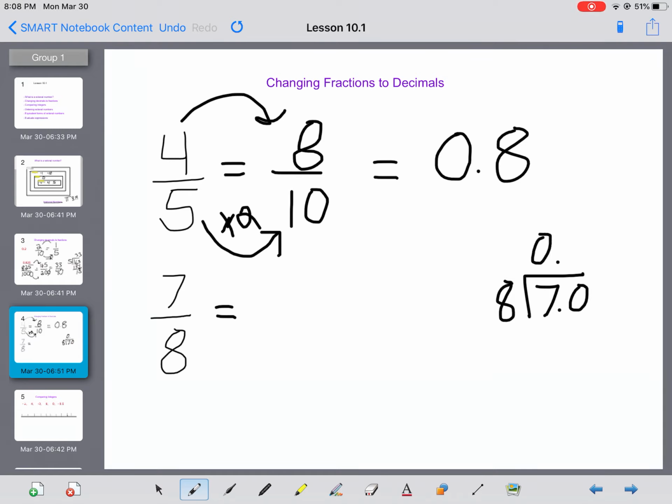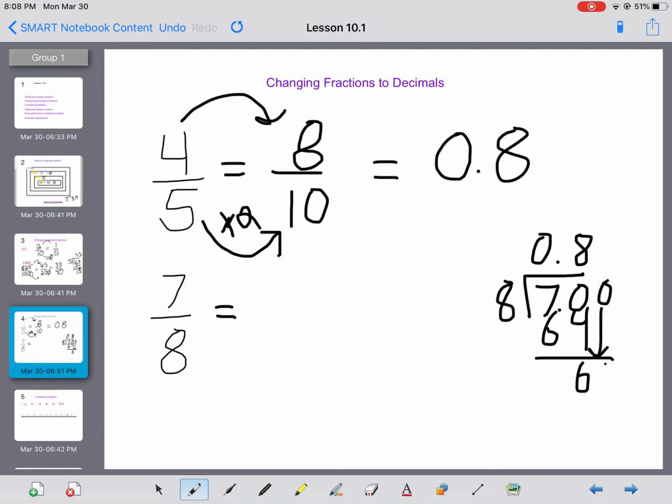Not a problem, because I can place a decimal. 8 goes into 7 0 times. 8 goes into 70 how many times? I'm drawing a blank. How many times does 8 go into 70? I don't have anybody to help me here. I'm going to go with it goes in 8 times. So I get 64. Then I have 6 left over.